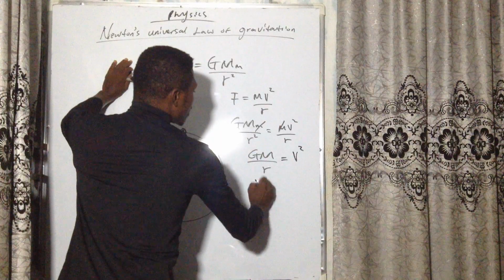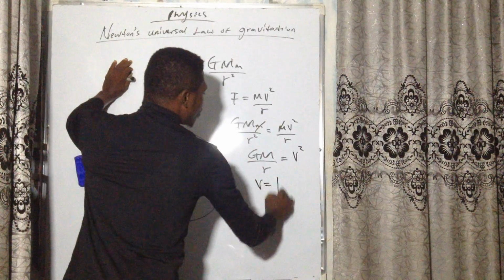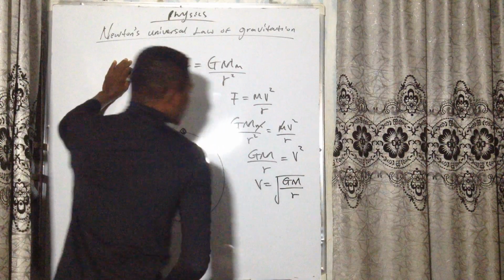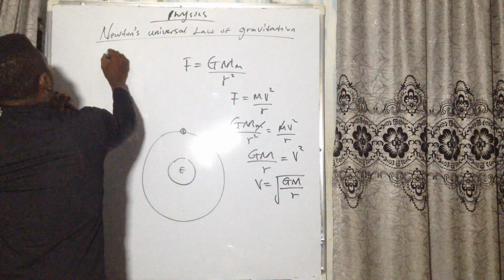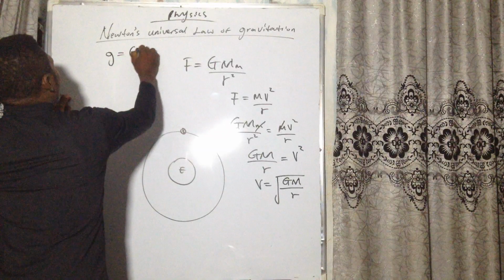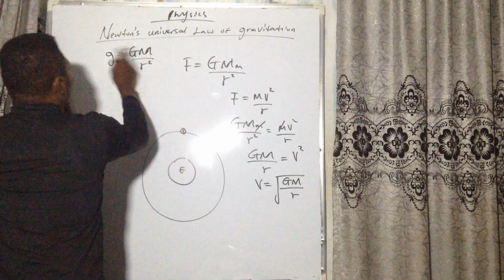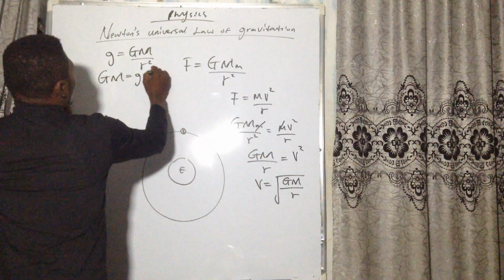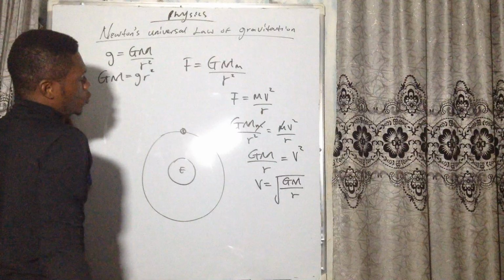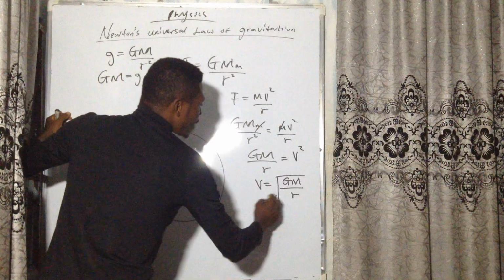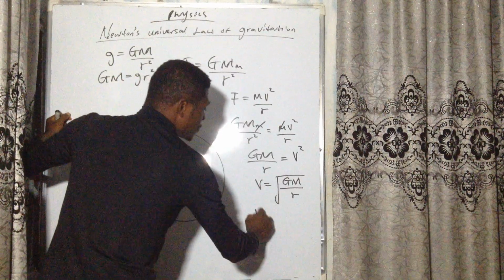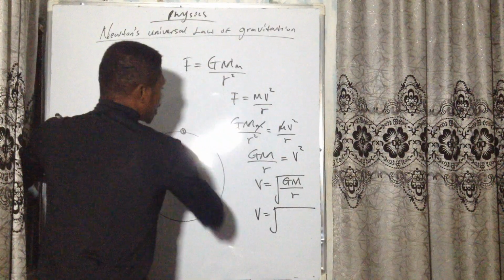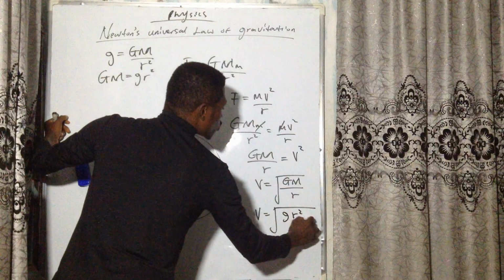Therefore, V is equal to the square root of GM over r. Now remember that g is equal to GM over r squared. That is, GM is equal to gr squared. So we can also have that V is equal to the square root of gr squared over r.